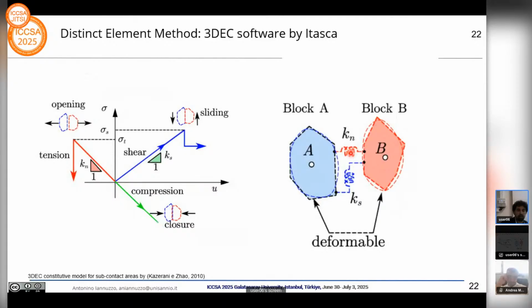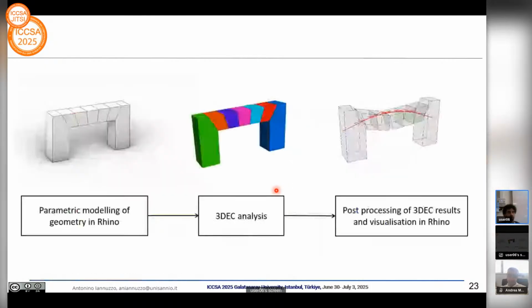When you have two subcontacts, A and B, you can define a normal and tangential stiffness, and you can also provide cohesion if you want to model some tensile capacity. What we did with these two students was define a Python pipeline to work in Rhino, defining parametric geometries and importing them into 3DEC, using 3DEC on the ground as much as possible and coming back to Rhino to visualize the results.